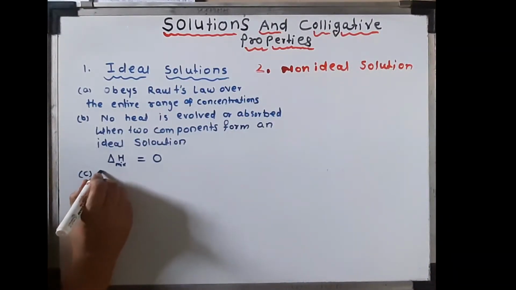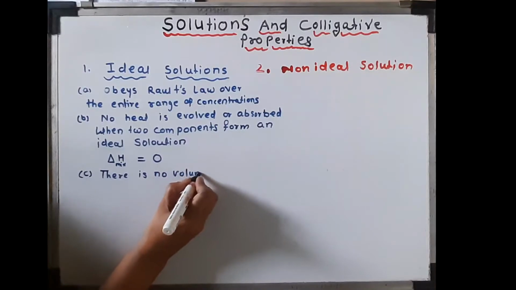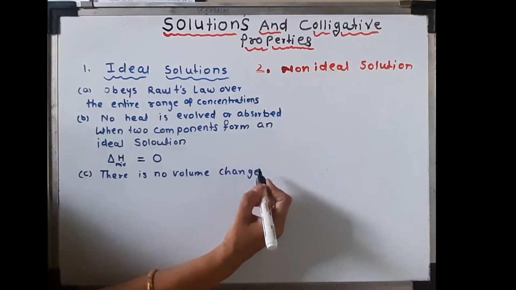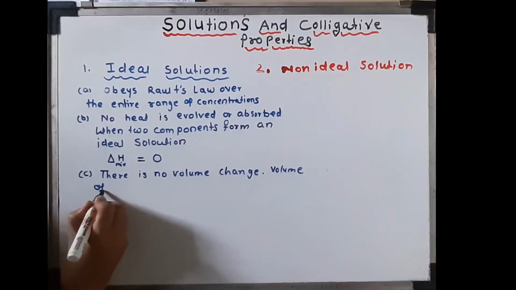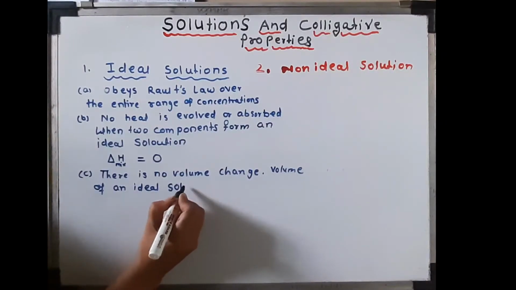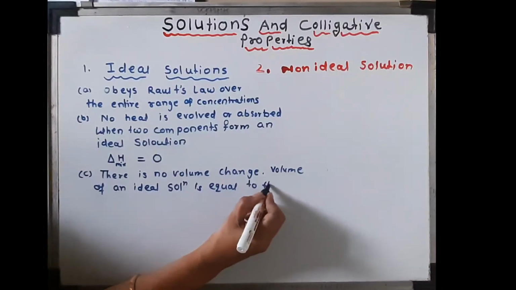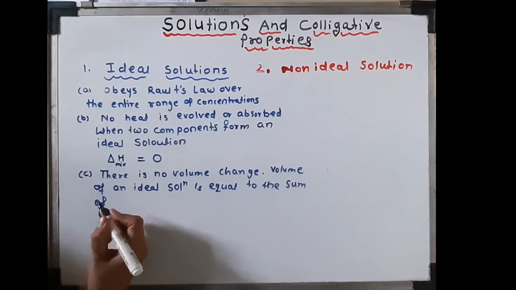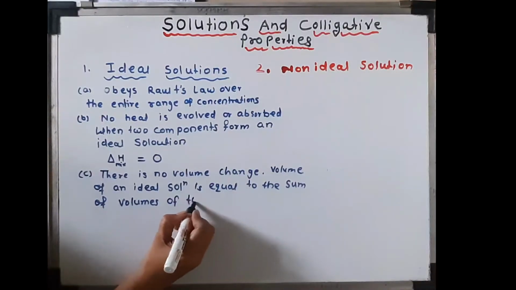Okay. Then the third one: there is no volume change. The volume of an ideal solution is equal to the sum of the volumes of the two components.